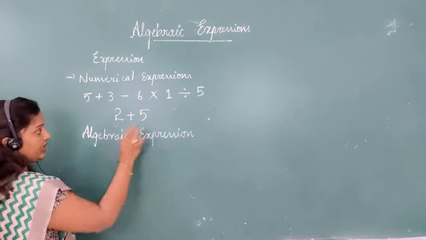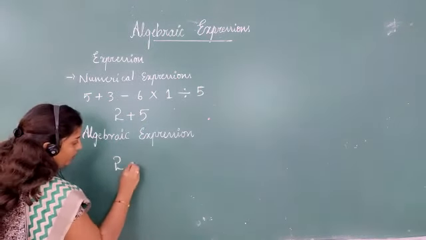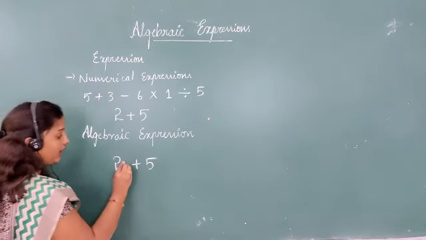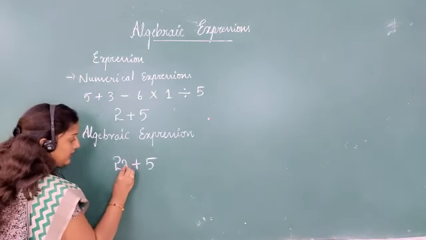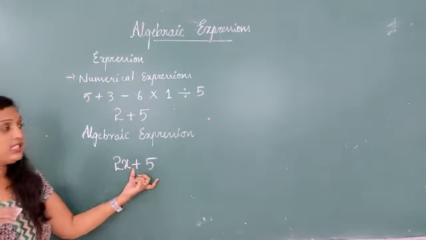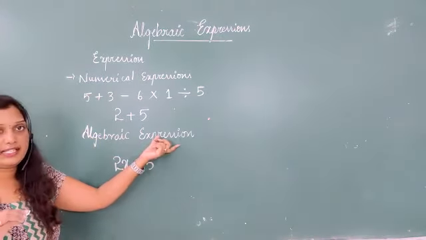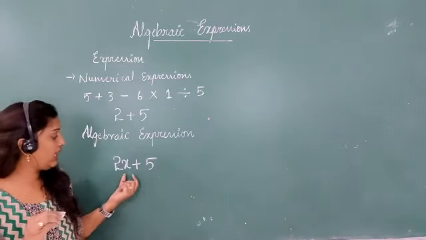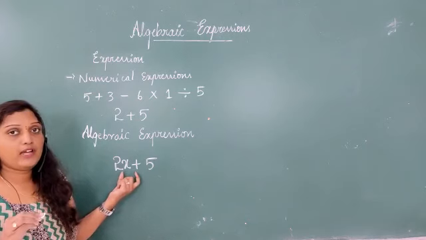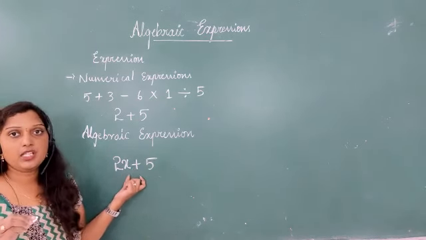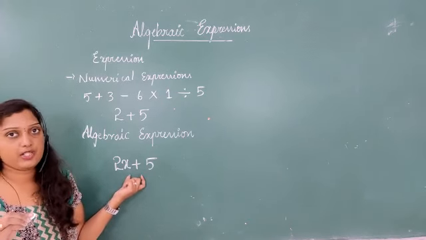Suppose I take the same expression, 2 plus 5. For this expression I will add one unknown value, that is x. Now 2x plus 5 is an algebraic expression, because in this expression we have an unknown value x, which is known as a variable. Then this becomes an algebraic expression.